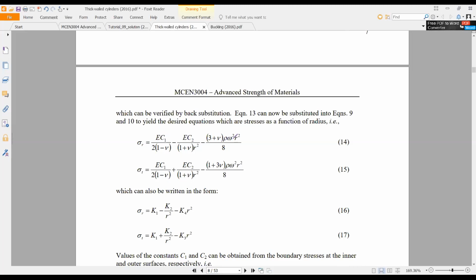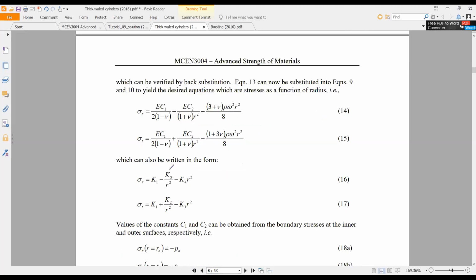Omega, the rotating speed, if it is constant, in that case it is also constant, but it can vary according to the rotating speed. But in here, the parameter is r, the function of r. So the radius will change along the radial direction. So this is a function of r.